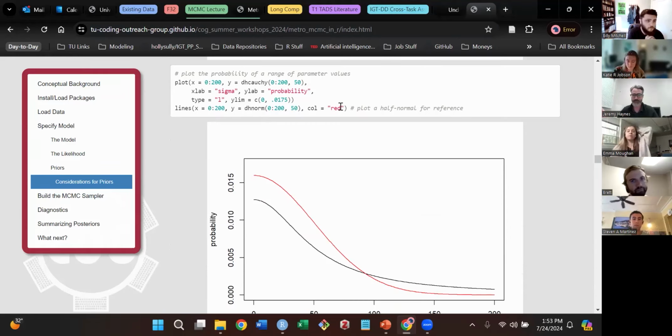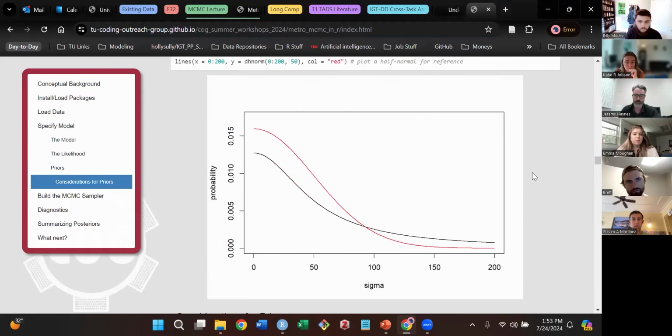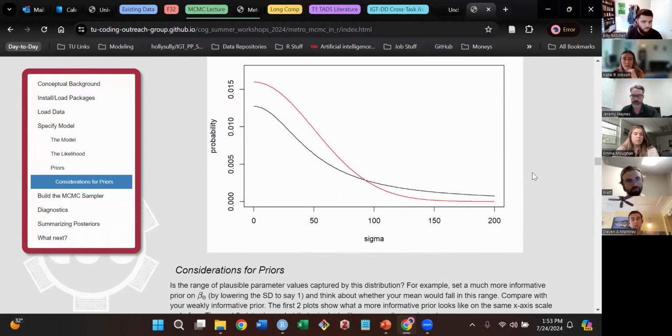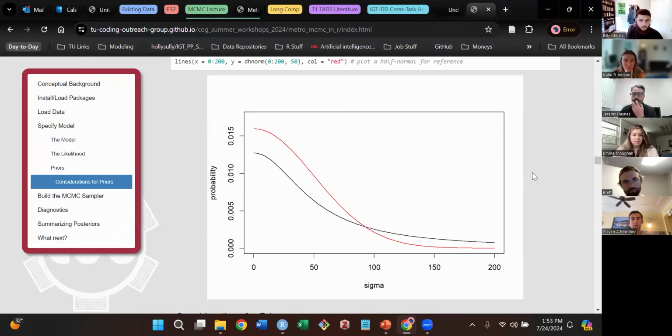I remember wondering what the heck is that. So here I just plot a half normal in the red here. You'll notice that the Cauchy puts a little more weight in the tails, so it considers larger values for the standard deviation.